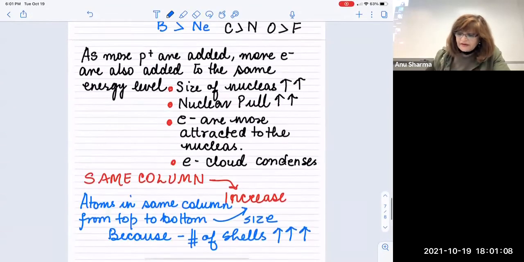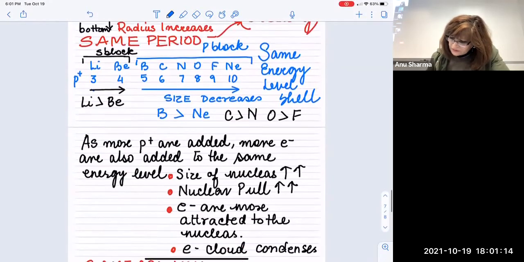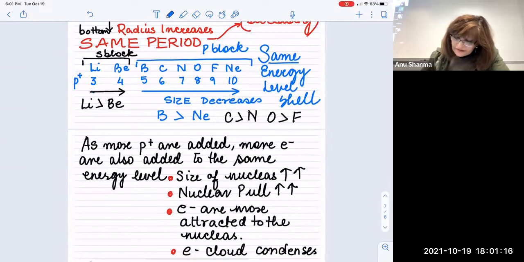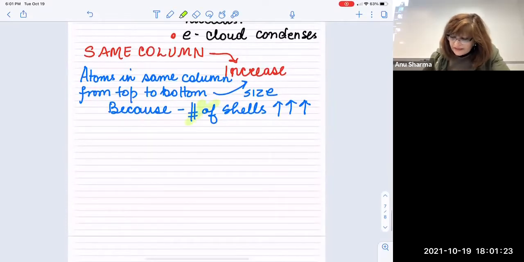In the top one, it was in the same shell, same energy level, right? But here, the number of shells increase. More and more shells are added, and more and more shells lead to the shielding effect.